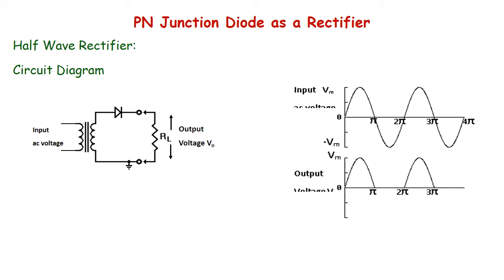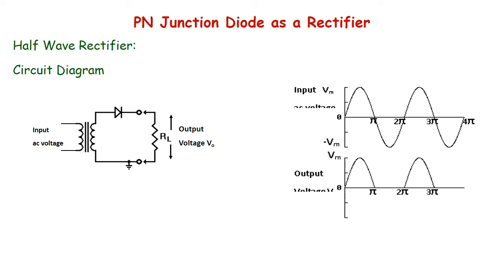If you do not limit the current, it can burn the device down. Therefore it is essential to limit the current flowing through the diode, and so you always use a resistor in series with the diode. There you have your load resistor that acts also as your limiting resistor, and the output voltage is taken across the load resistor. The second waveform below the input waveform is the output waveform.